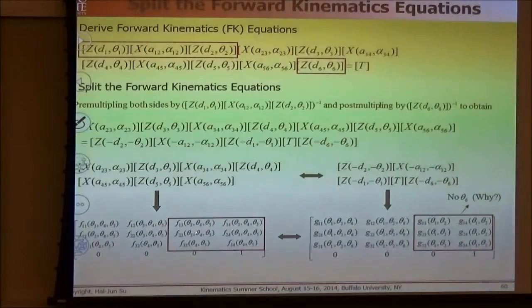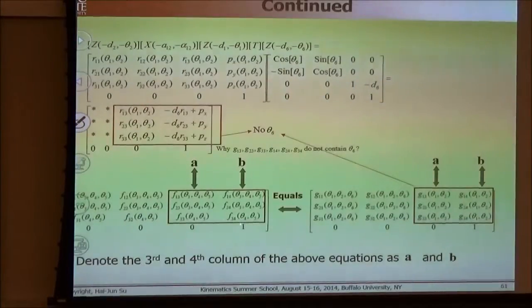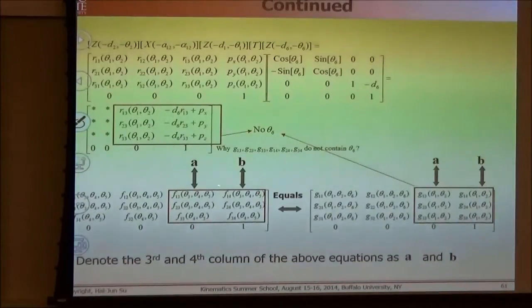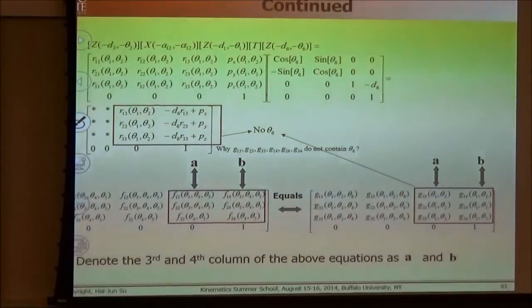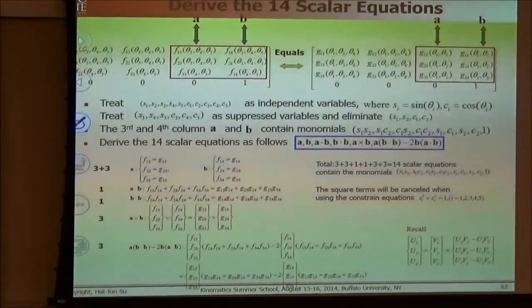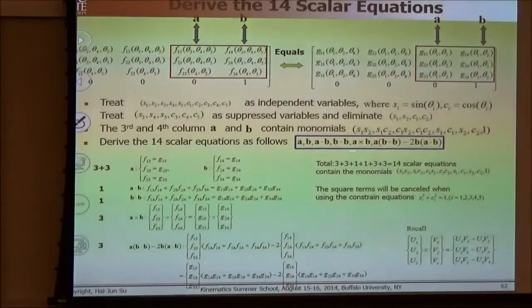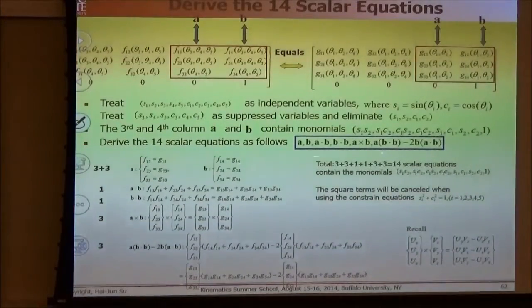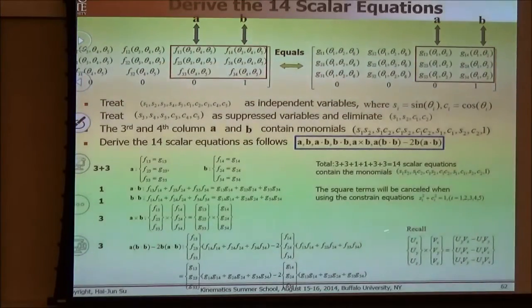So this is the third and fourth column, like this, no theta 6 here. And then if you denote this A and B this way, you construct these 14 scalars. So you can pick from these 14. The details are here, and you can read them here.